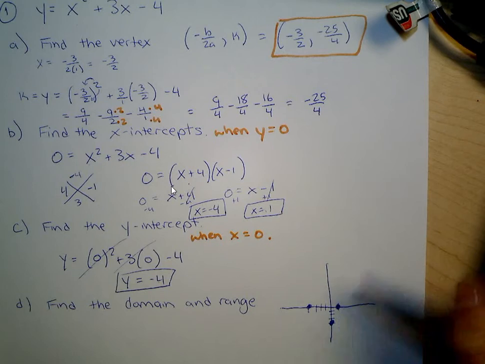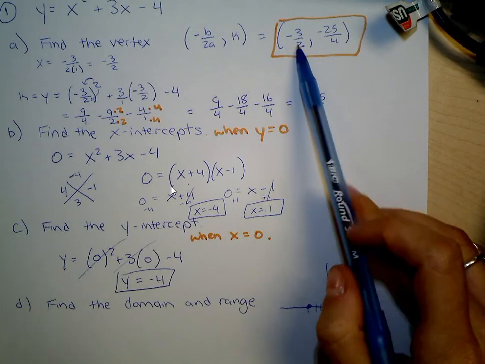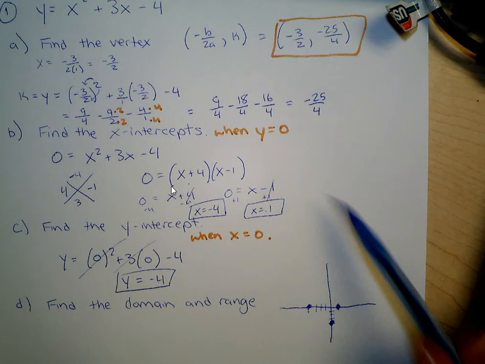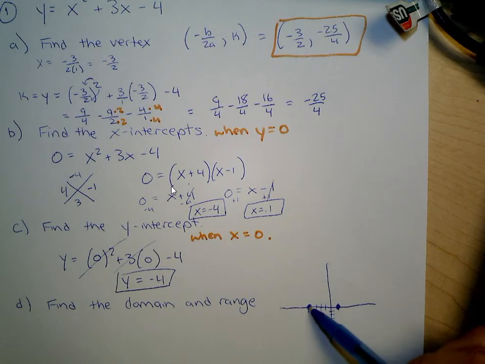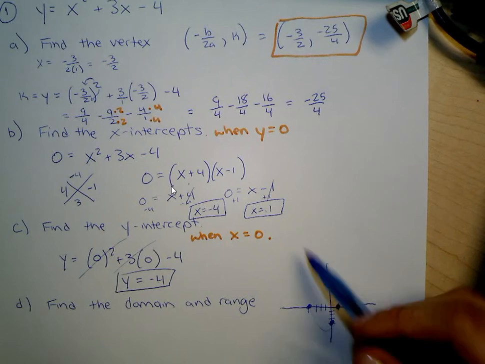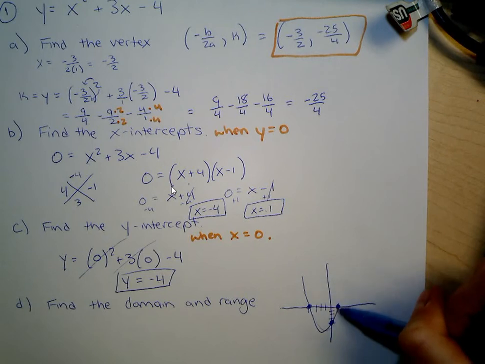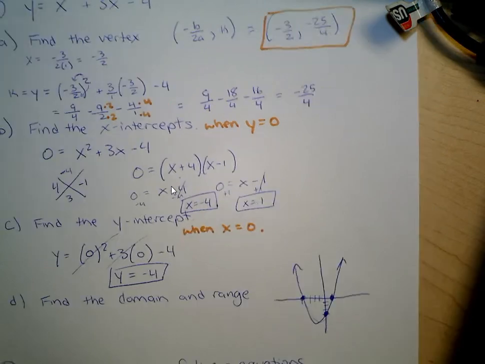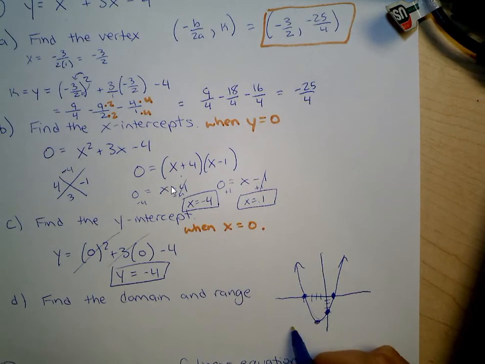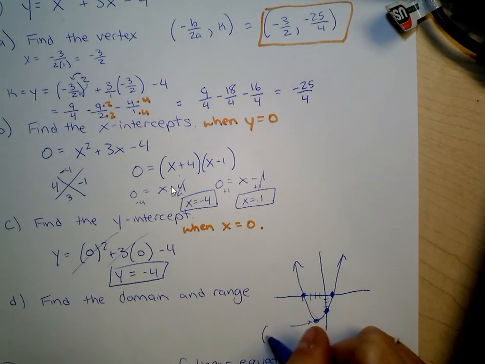And my vertex is here. They're fractions, so I'm going to estimate it. The vertex has to be in the middle of my 2 points here. So I'm going to estimate my quadratic being around here. And this is my lowest point, my vertex here.